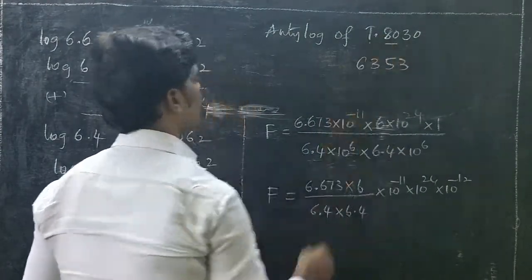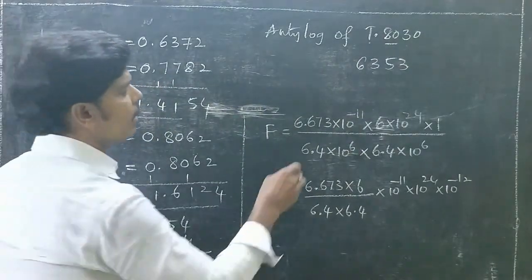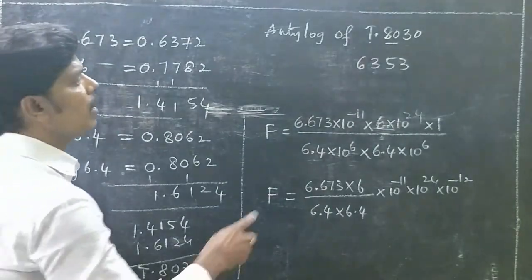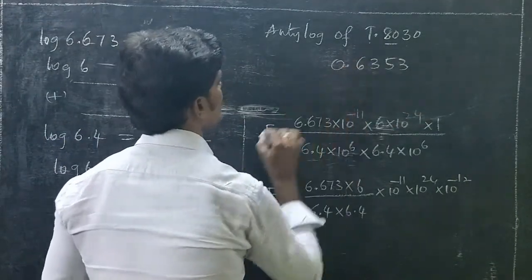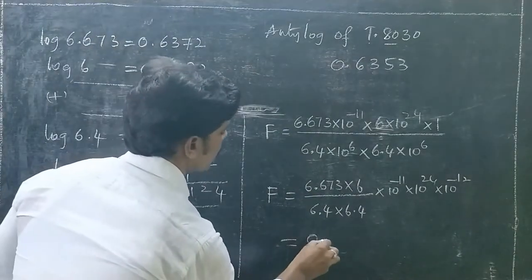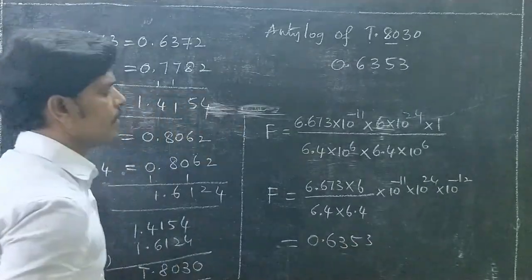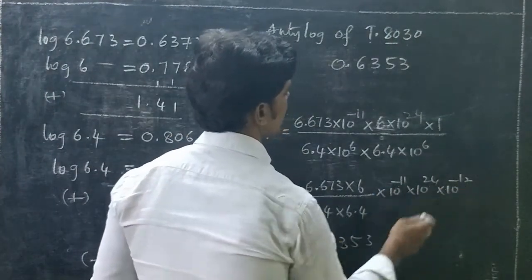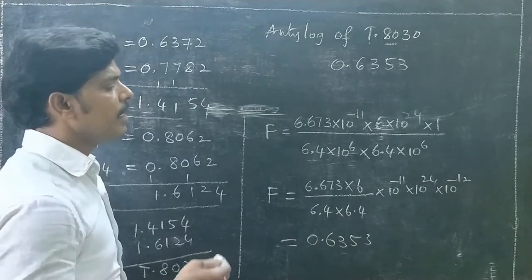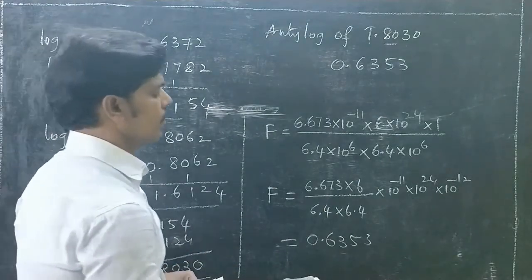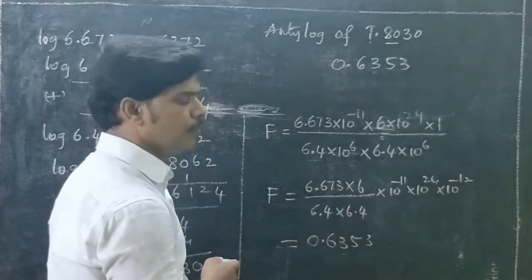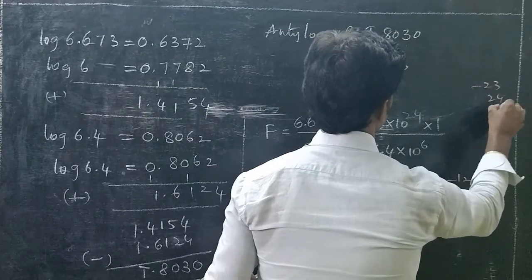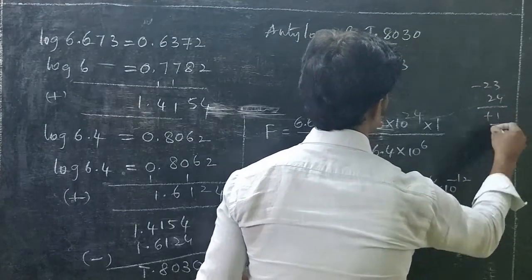Now we have 1 bar point. What is the point in this number? If you have 1 bar point, we have to put 0 point. So this value is 0.6353. Here the powers of 10: minus 11, minus 12, gives minus 23, into 10 to the power 24, which is only 1 plus 1, so 10 power 1.